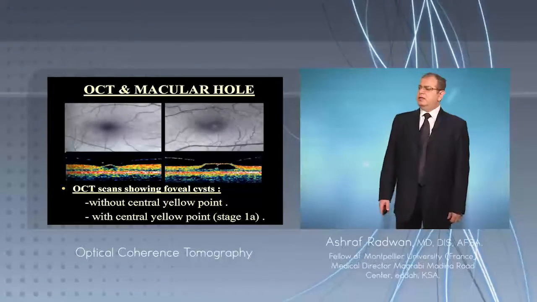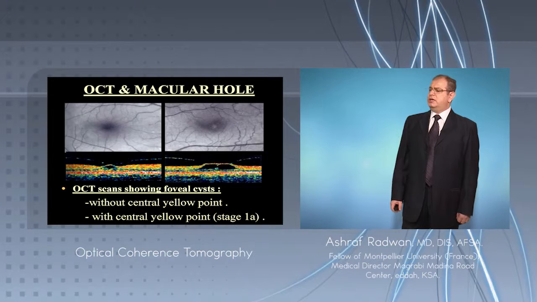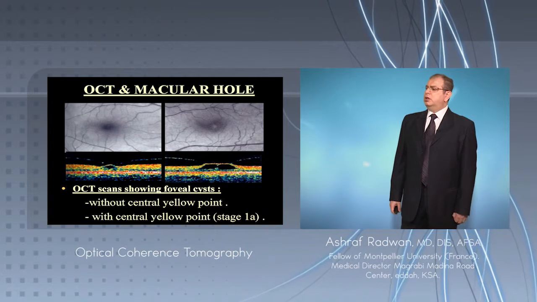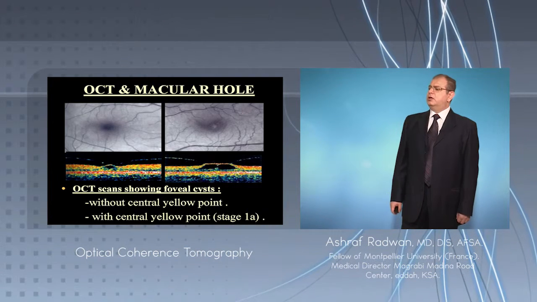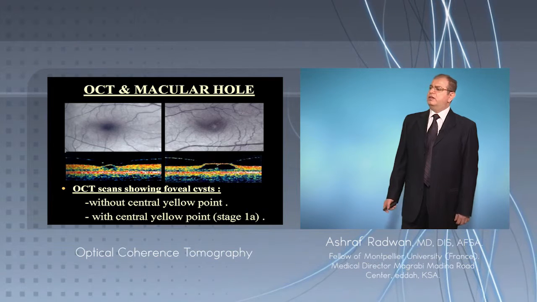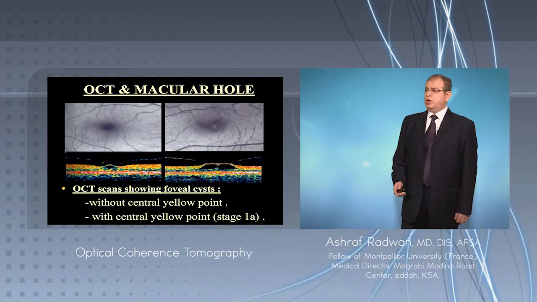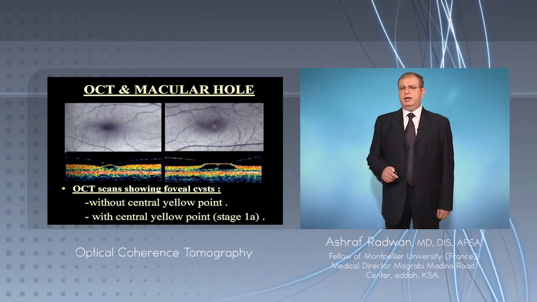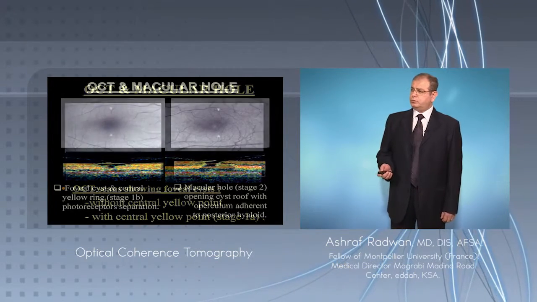While in the other picture, we can start to see a central yellow point in the center. This is stage A with the cyst increasing in size. So this is stage 1A of the macular hole.